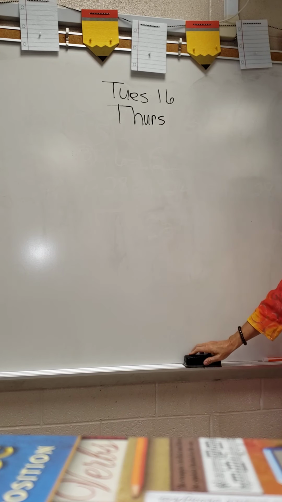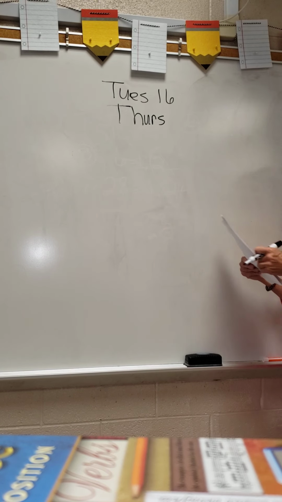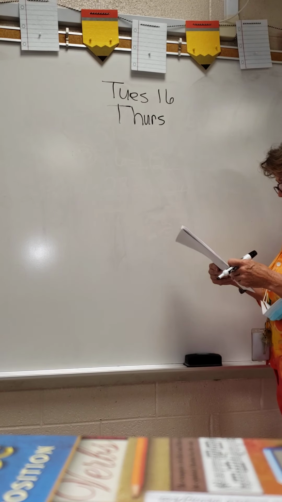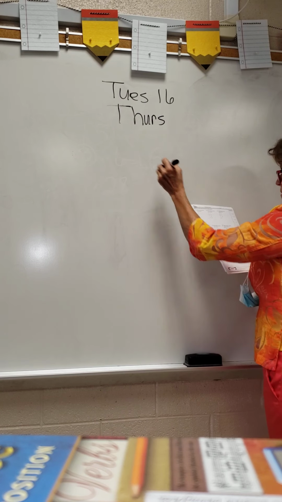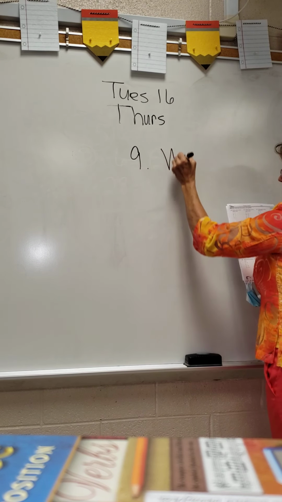Now we're going to go to the next sheet, which is a multiple choice question, which is something we really need to know what to do because TCAP is timed. Let's do one that we haven't done. Let's do number 9. Which choice is a factor of 91?